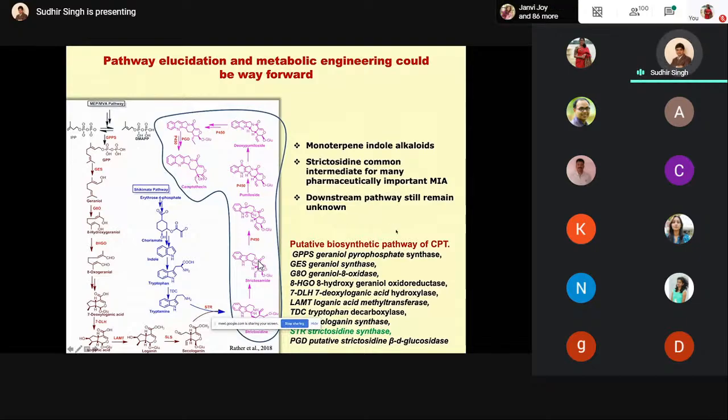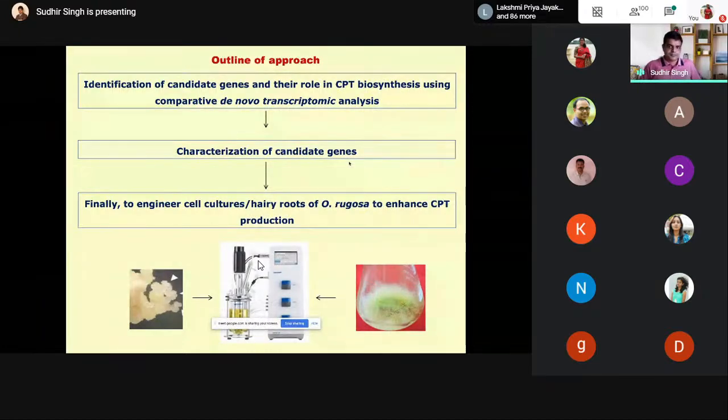Some of the putative enzymes that have been identified and their corresponding genes we are working on are listed here, like geraniol synthase, geraniol 8-hydroxylase, 8-hydroxygeraniol oxidoreductase, and STR. The story of this STR I shall be sharing in just a while. So the overall approach is that we shall identify the candidate genes involved in CPT biosynthesis using comparative de novo transcriptomic analysis.